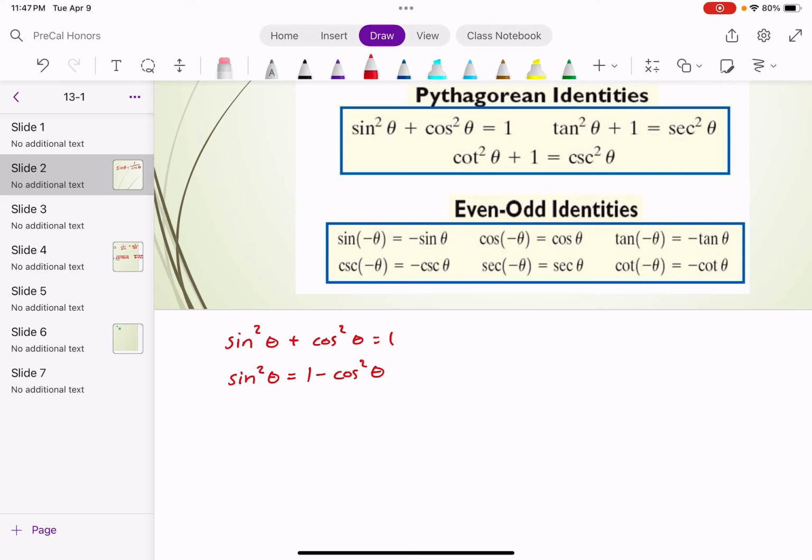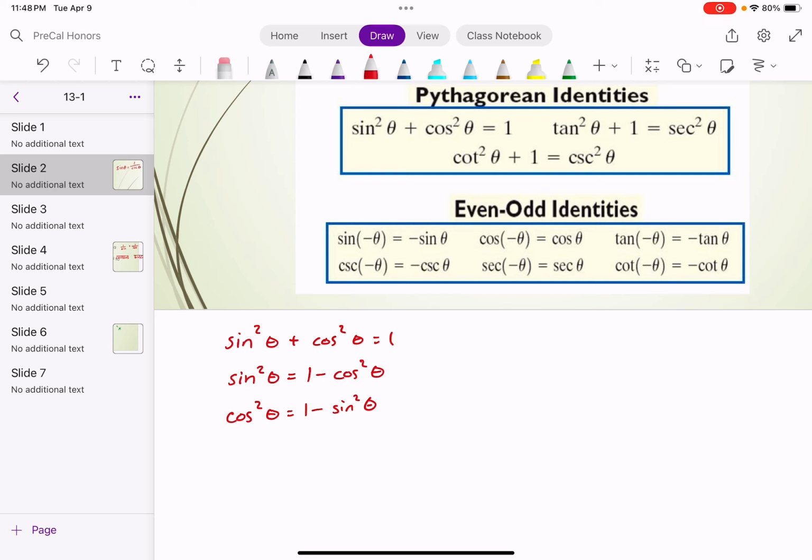Another possibility would be cosine squared theta is equal to 1 minus sine squared theta. Now, any one of these could be used within an equation. The number one thing to remember is the actual identity itself, and you would be able to manipulate it later on depending on the equation and what is being given within that equation.